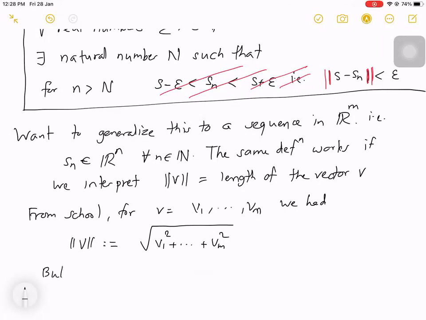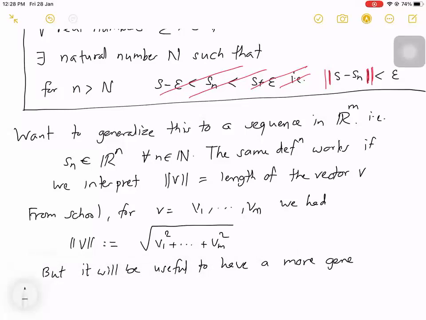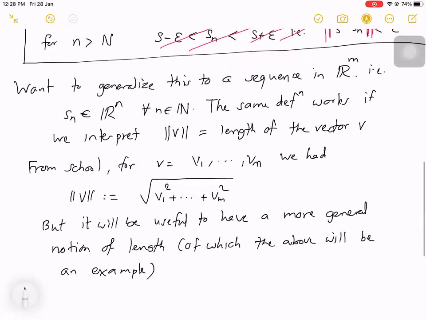It will be useful to have a more general notion of length, where the above will be just one example.